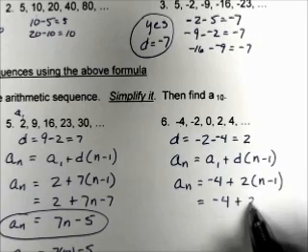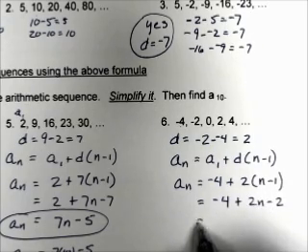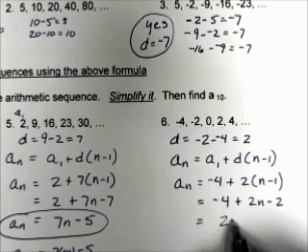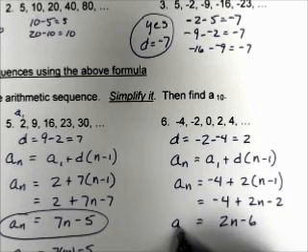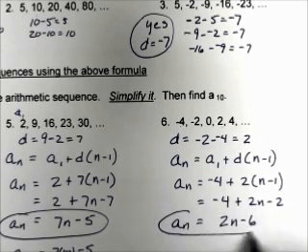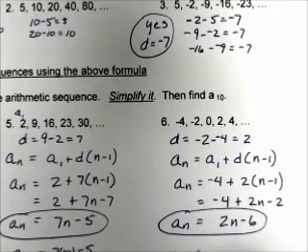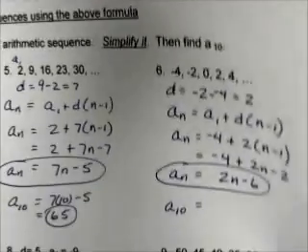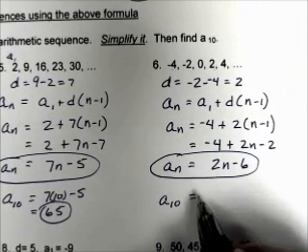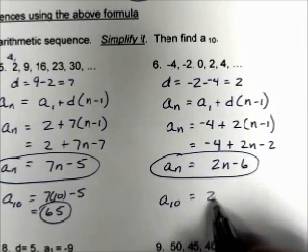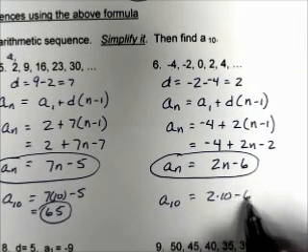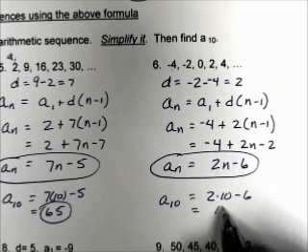Negative 4 plus 2n minus 2, that's negative 6, and we have 2n minus 6. This is our rule. And now the 10th term in this sequence. Two times 10 is 20, subtract 6 is 14.